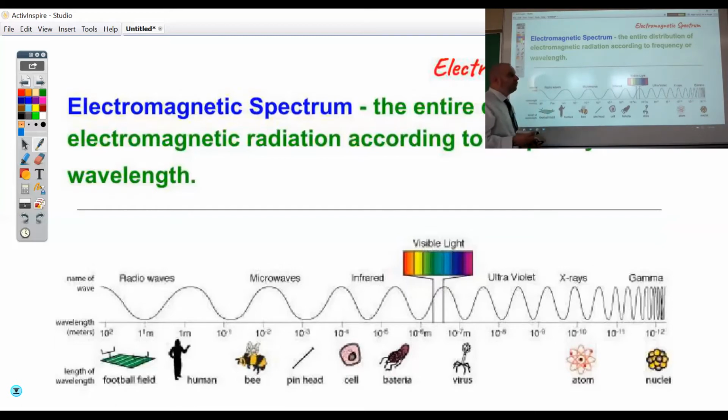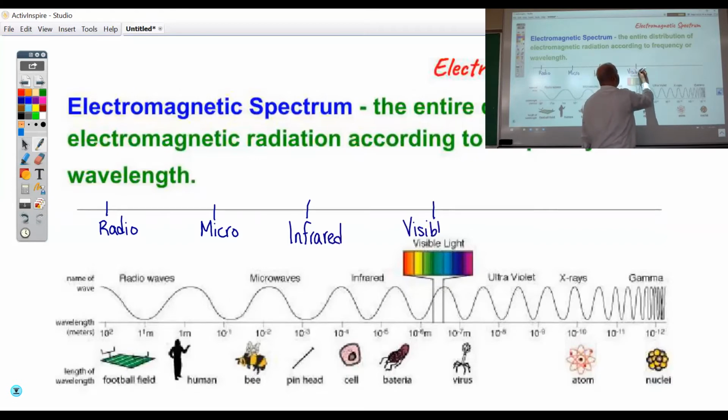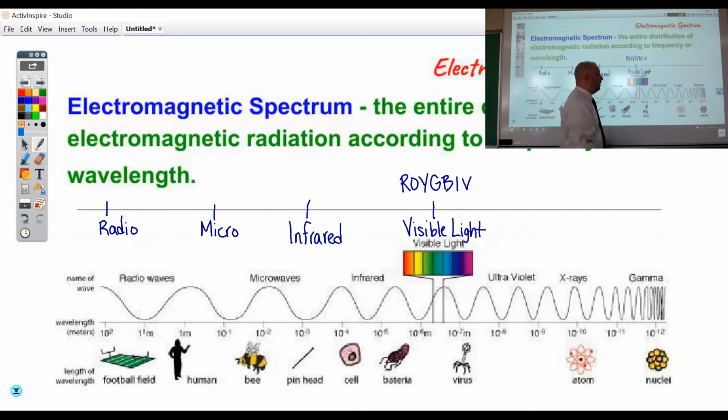So what are you going to need to take away from this? Here's what I want you to know. First, I want you to know the order of those 7 specific types of energy that we're going to talk about. So those would be radio waves, microwaves, infrared radiation, the visible light portion of the spectrum, including the order, knowing that red light is lower in energy than violet.